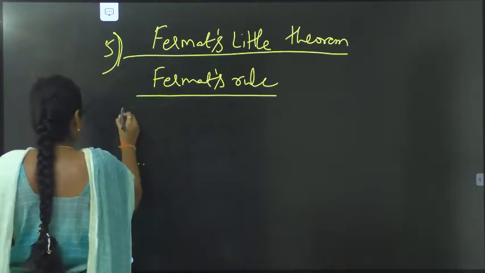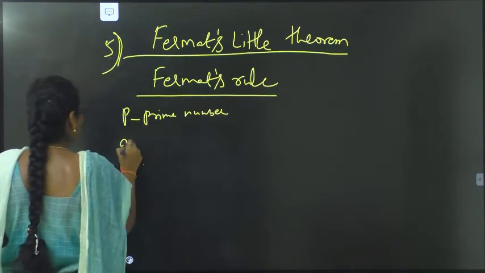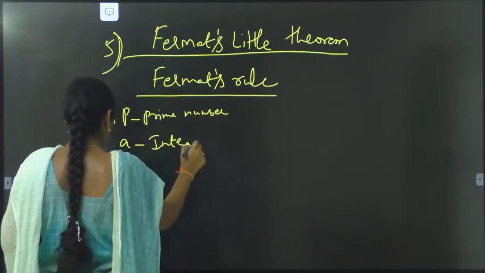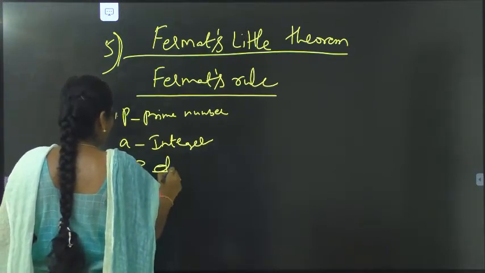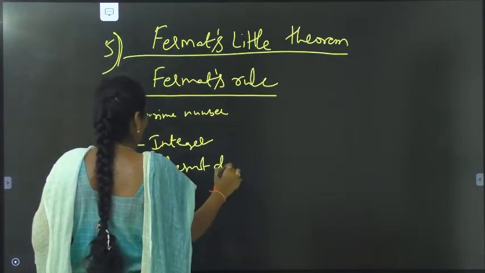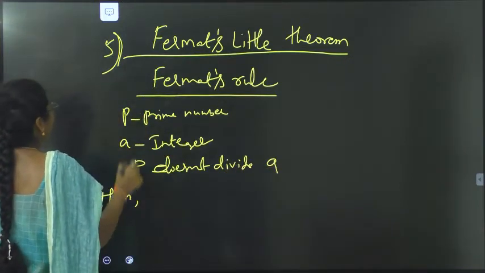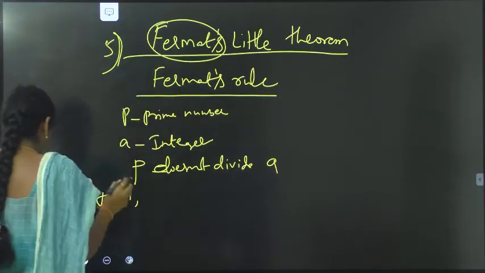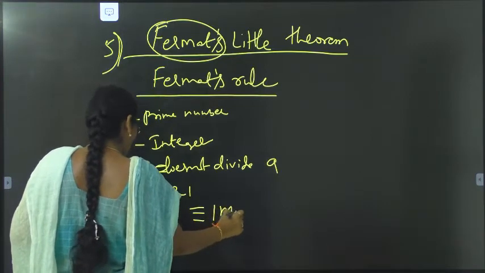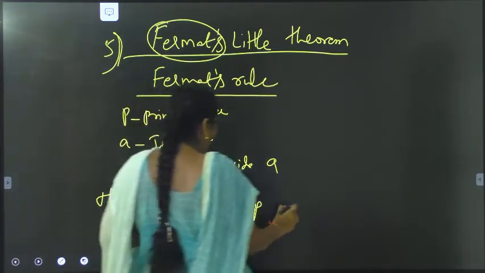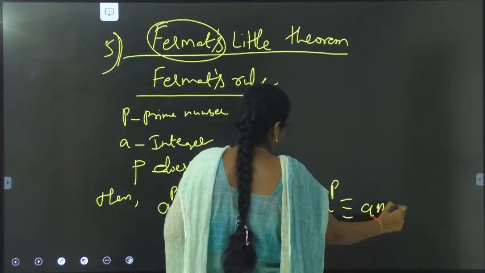What does it say? If p is a prime number and a is any integer, and p does not divide a, then according to the scientist Fermat, a power p minus 1 is congruent to 1 mod p, or a power p is congruent to a mod p.